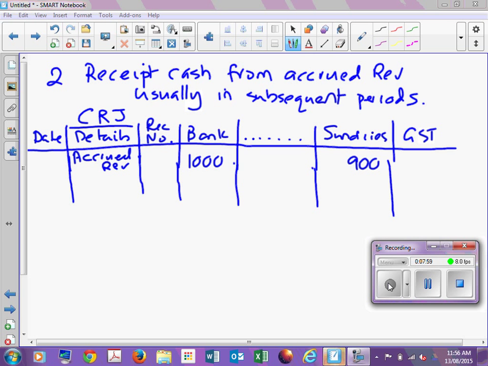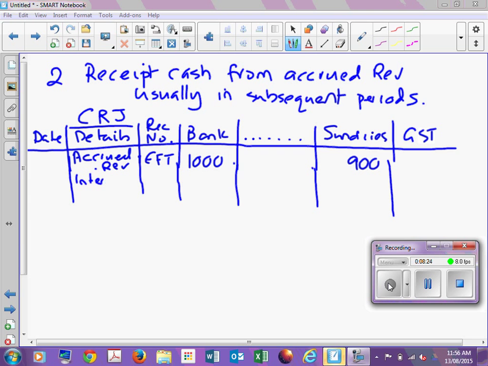it's current. So accrued revenue, it's probably going to be an electronic transfer, so if it's got a receipt number, put 1 or do EFT, have something there to show that the money's gone in. So this is a receipt of cash for an asset. So you're basically moving it from one asset to another. Accrued revenue goes down, cash at bank goes up.